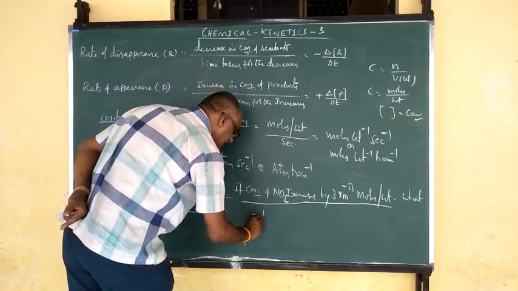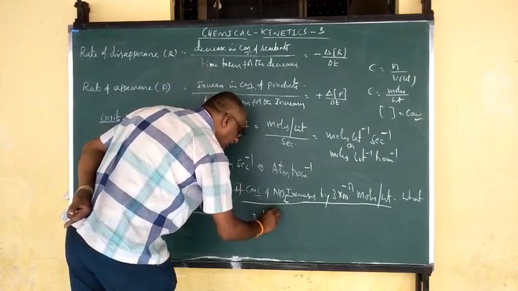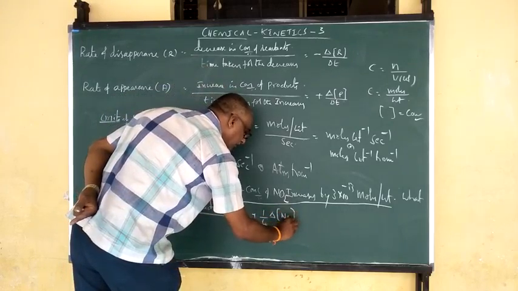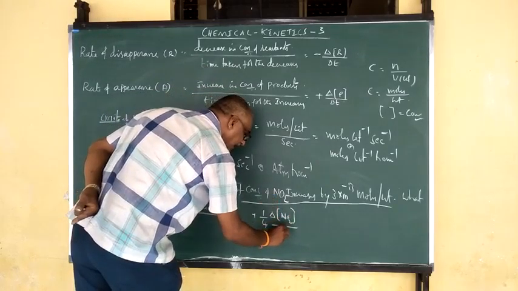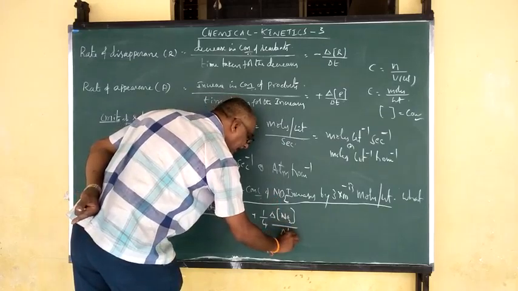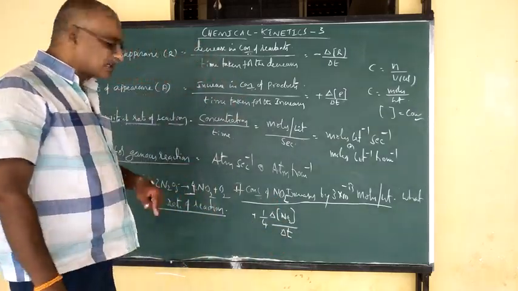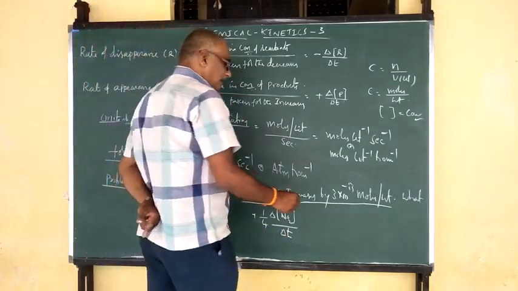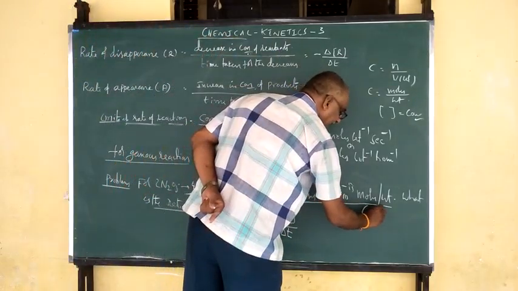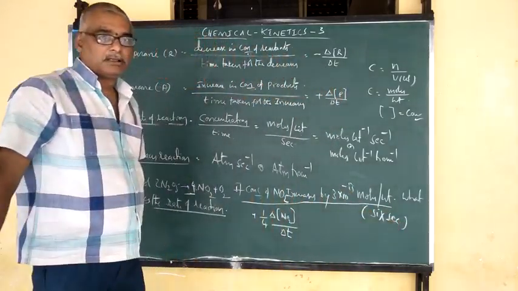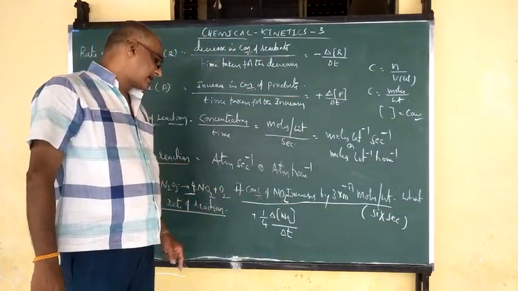That's why plus 1 by 4 delta of concentration of NO2 divided by the change in time. But you can see the time is not given. Suppose, for example, I take 6 seconds.